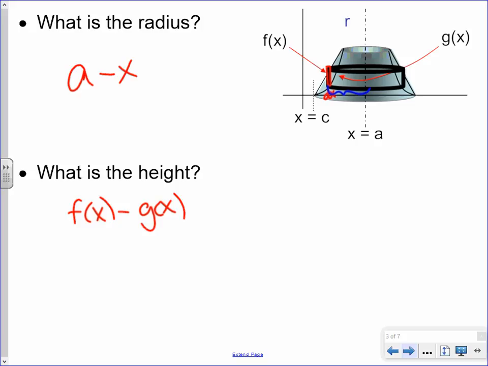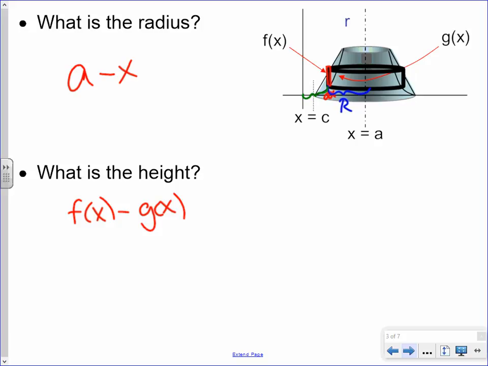Well, we know that if we are going from here to here, I'll draw it in green, here to here, we called x yesterday, didn't we? Right? So if this distance is a and this distance is x, then yes, a minus x would be that blue radius. This blue radius that we have highlighted right here.